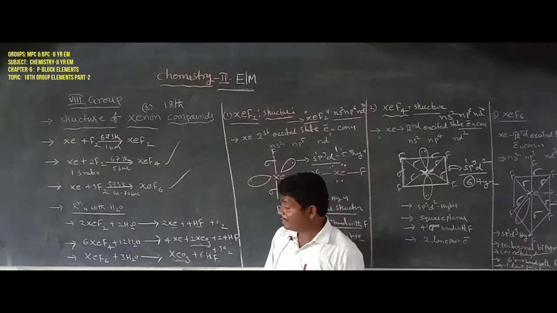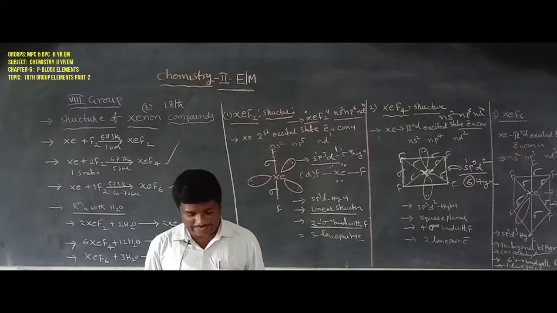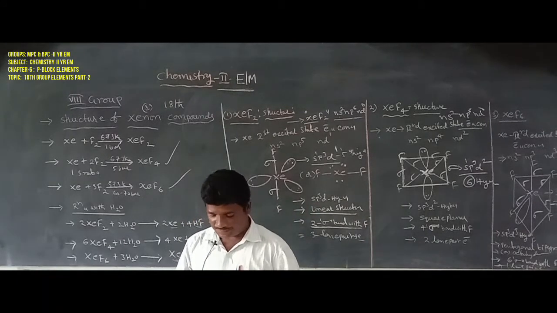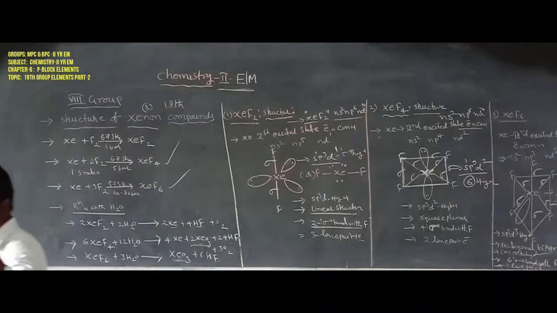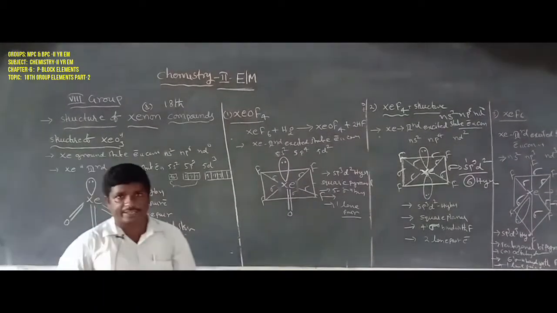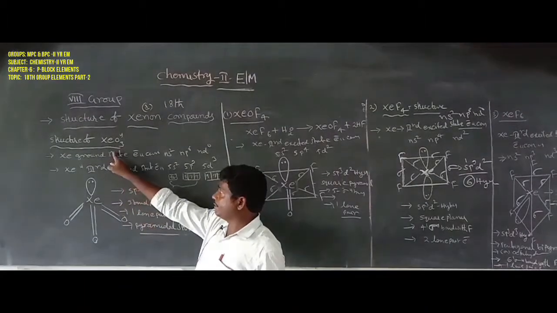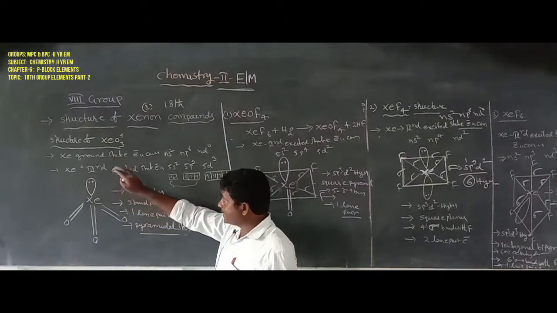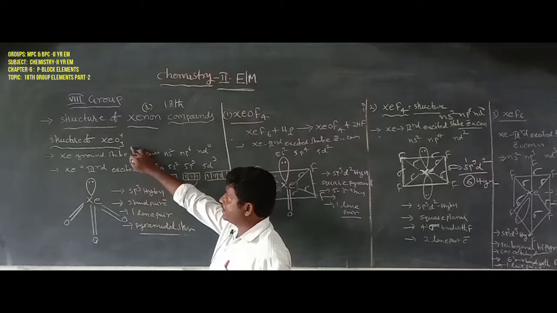Another one: xenon trioxide. Next, the structure of xenon trioxide. In xenon trioxide, tri means 3.